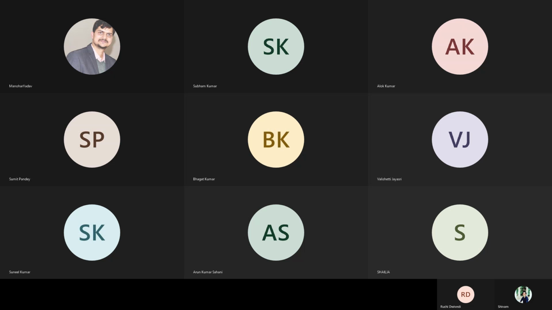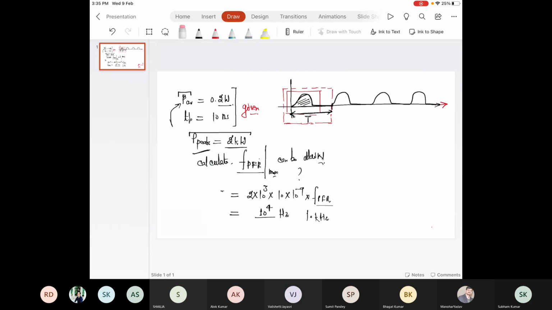So I talk about peak power. Very high peak power can be generated when this pulse length, you can also say pulse width Tp, is very less. While the average power is only 0.2 watt.